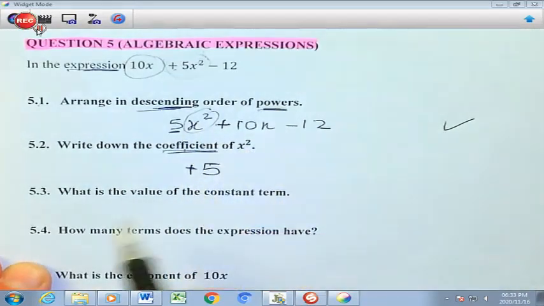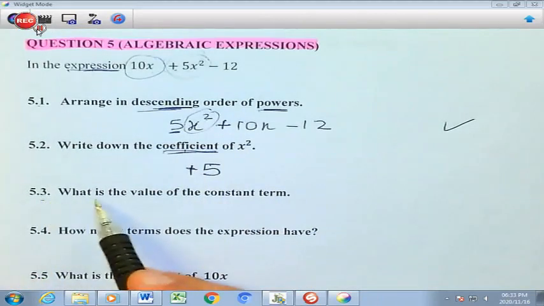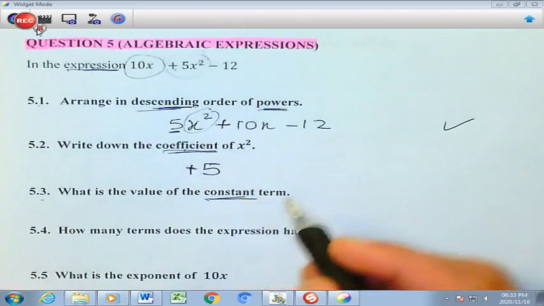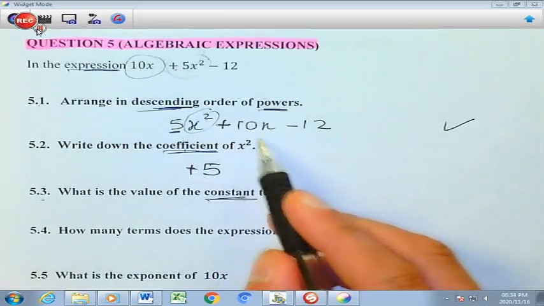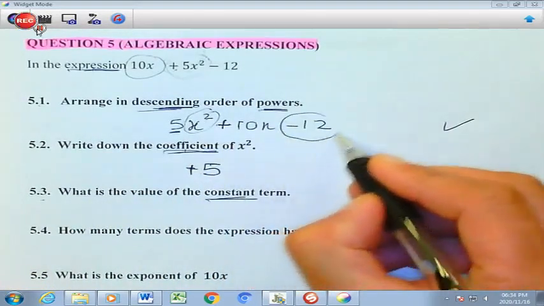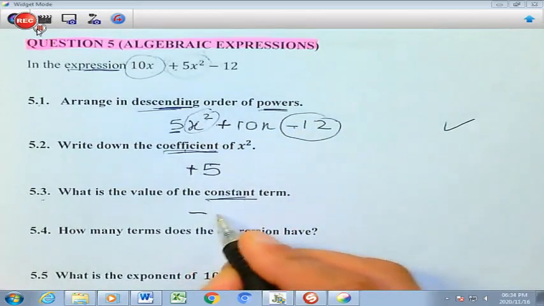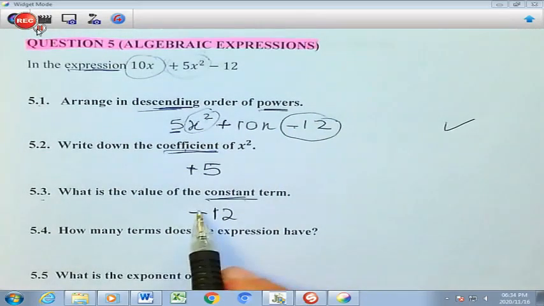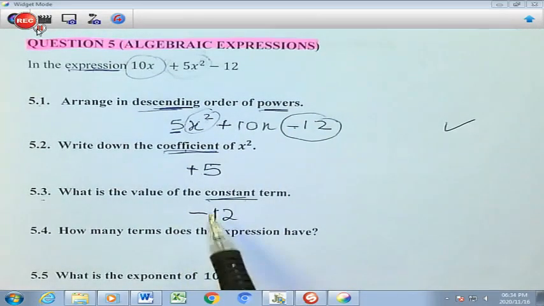Let's go to 5.3. What is the value of the constant term? The constant term is the term without the x. That there, including the sign, it is going to be negative 12. That is your constant term, negative 12. If you only write 12, the answer is going to be incorrect. The sign is included as well.